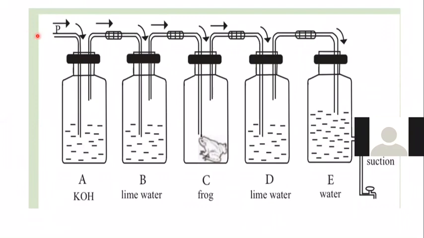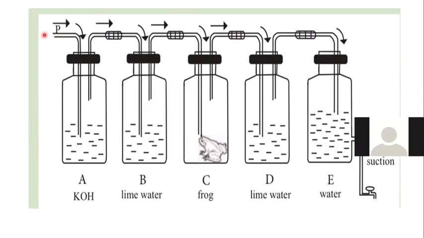Normal gas, right. Then there is a liquid called potassium hydroxide. What is the liquid here? Potassium hydroxide is present there. The purpose of the potassium hydroxide is to absorb the carbon dioxide that comes in.